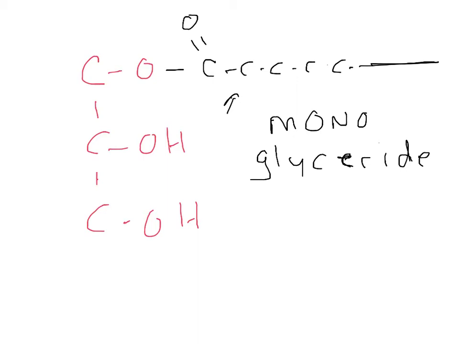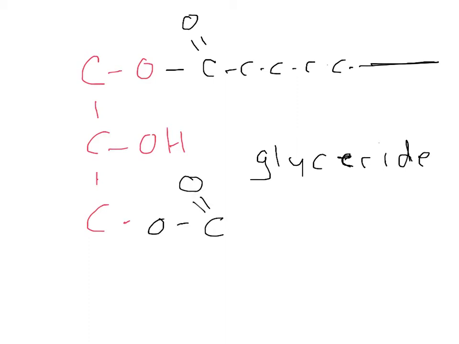But since glycerol has 3 OH groups, it gives glycerol the ability to combine with more than one fatty acid. And if it combines with another fatty acid, we're now going to call it a diglyceride.